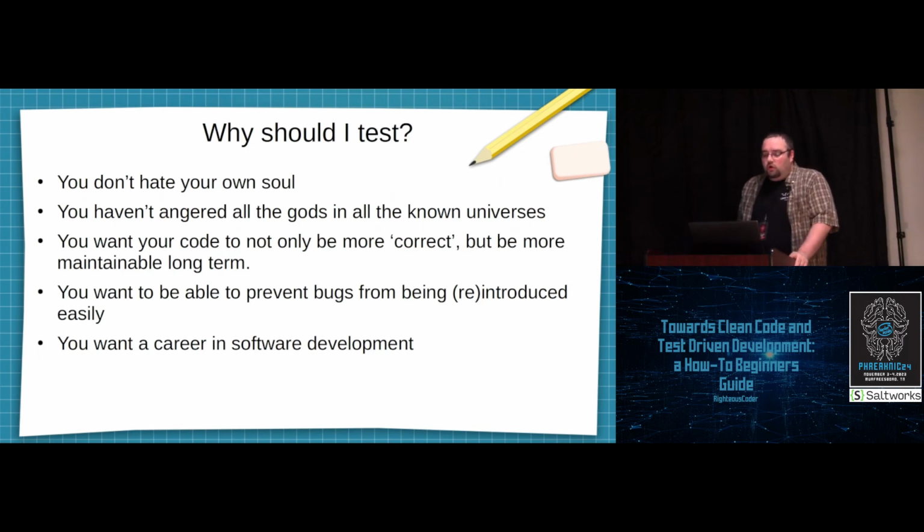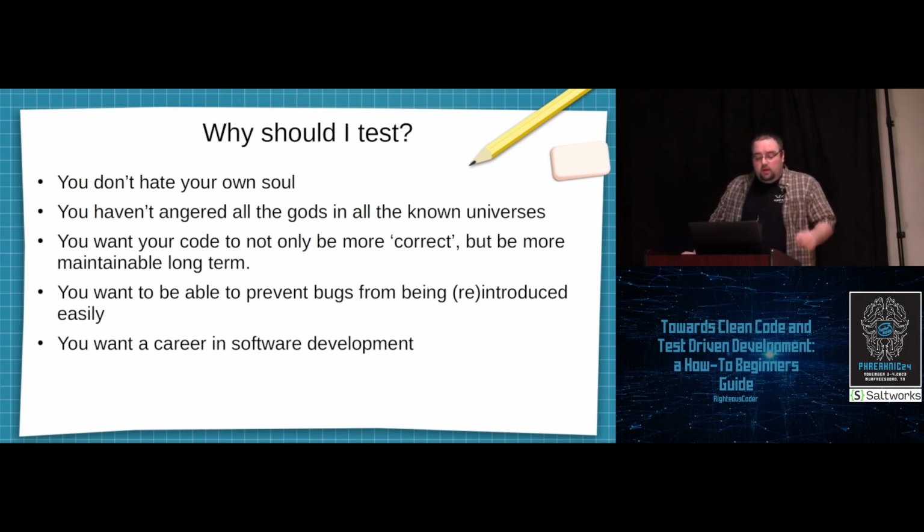Do you want your code to not only become more correct, but more maintainable long term? If you want better maintainability in your code, it is recommended and good design to have testable code, for a couple reasons, and we'll get into those. But primarily, well-designed code is more easily testable.